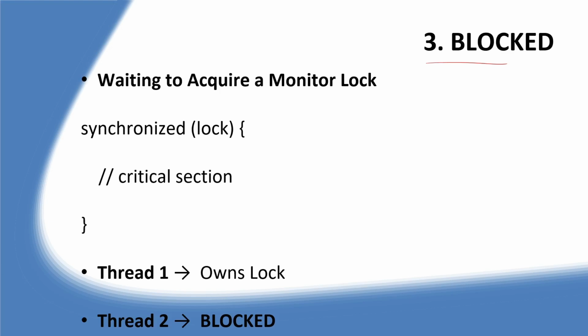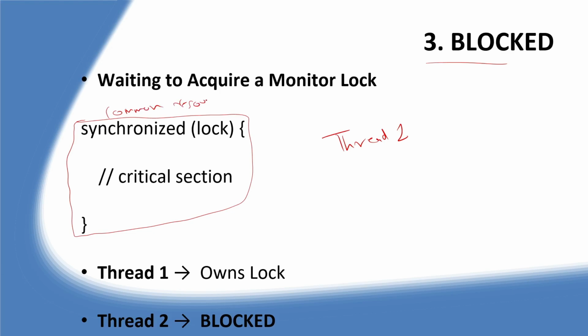Okay, imagine thread 1 enters a synchronized block. Think of it like a common resource, and multiple threads want to use this common resource.